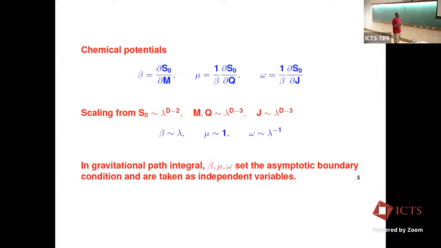Using these scaling relations, one can also figure out how beta, mu, and omega will scale. The reason that these are important is because in the gravitational path integral, these set the asymptotic boundary condition and are taken as independent variables. So instead of thinking of the charges, angular momentum, and mass as the independent variables, it's more natural to think of these as independent variables, and from this you compute the mass, charge, and angular momentum.